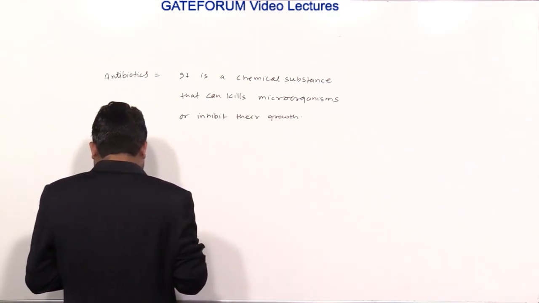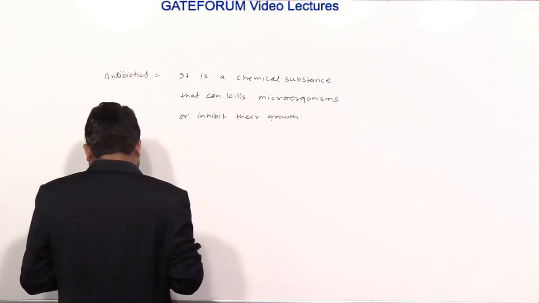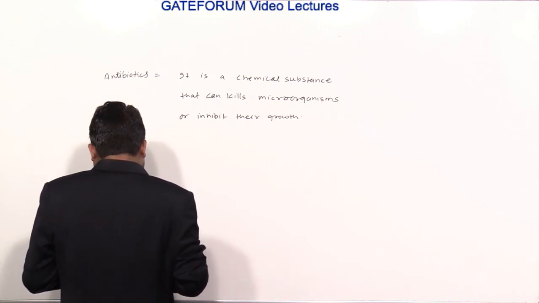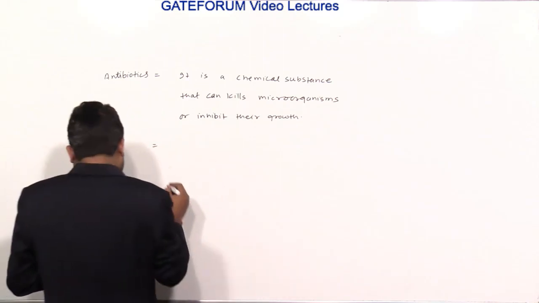And they are the products of secondary metabolism. There are two different types of antibiotics used here.